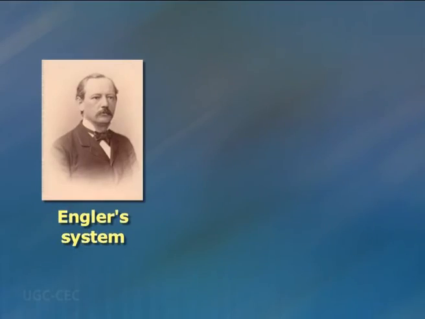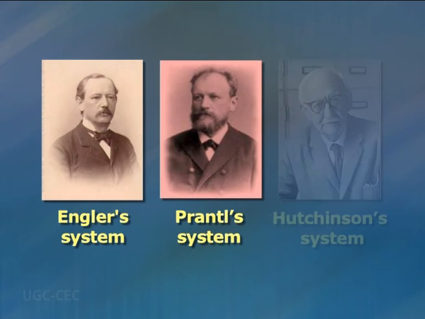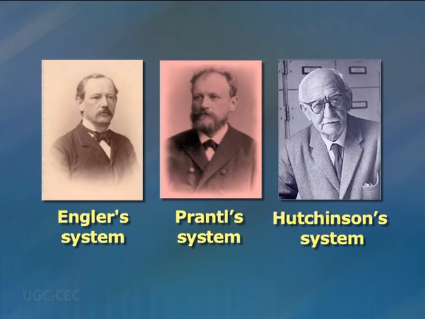In addition to this, it employs as many taxonomic characters as possible. This system establishes the genetic and ancestral relationship. Some of the important phylogenetic systems are Engler and Prantl's system and Hutchinson's system.